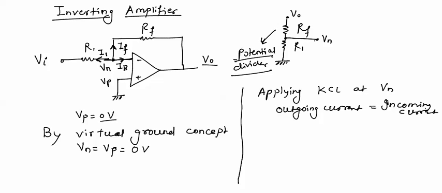Outgoing currents are three, I1, IF and IB, while there is no incoming current.